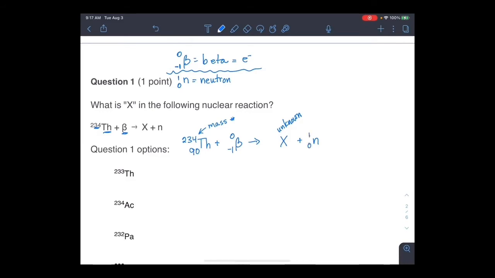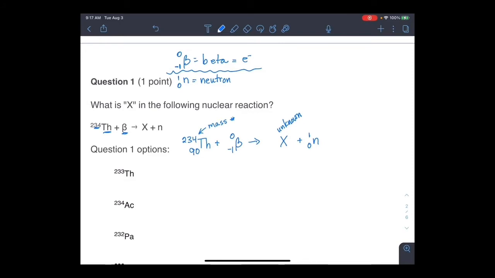So 1 and 0. Now to figure out what X is, what this unknown particle is, we balance this nuclear reaction, but we don't need thorium on both sides. We don't need beta particles on both sides. We need the protons and the neutrons to balance. That's the difference between nuclear reactions and chemical reactions. We need the protons and the neutrons to balance.